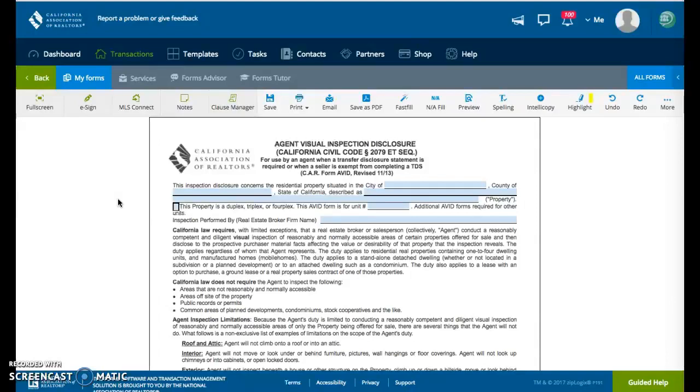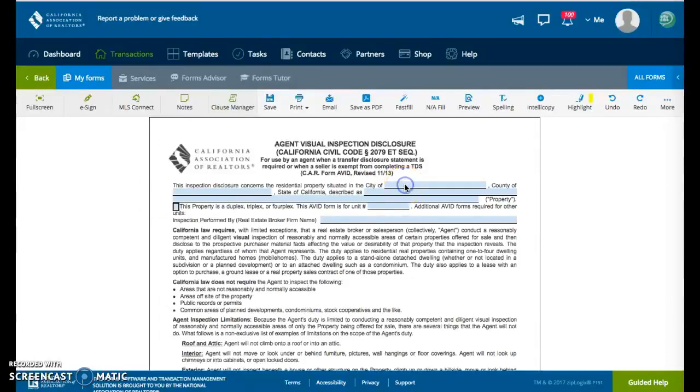The agent has to basically disclose that he understands the condition of the property and is describing the property to everybody and signing off on it, so that nobody can go after the agent after the property has been sold. Basically, that's the short of it. It's kind of a CYA thing for agents that the California Association of Realtors has made mandatory.